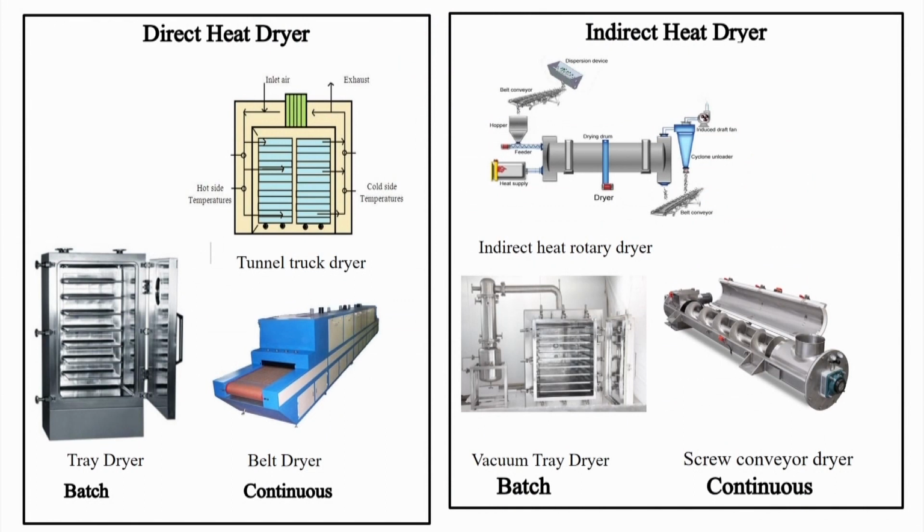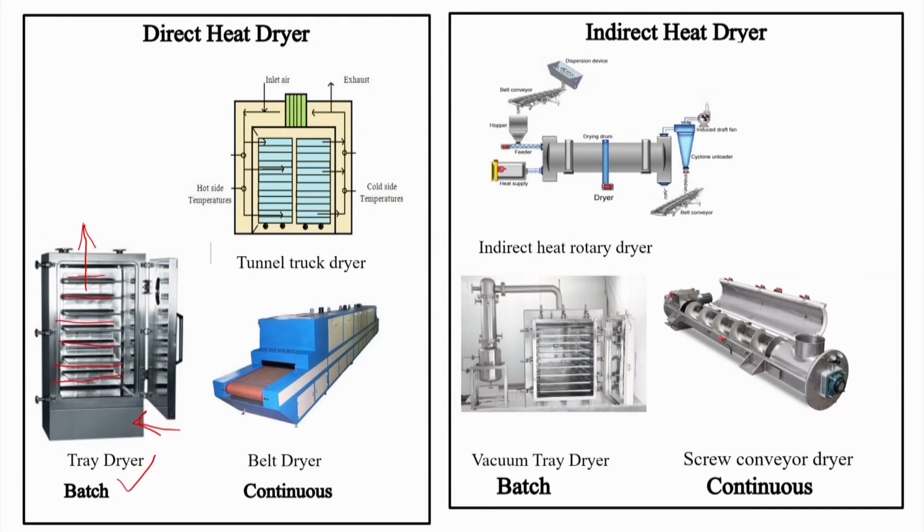A few of the direct heat dryers are like this. The tray dryer: trays are placed, heat is supplied from the bottom, hot air is blown, and moist air is taken out from the top of the tray dryer.